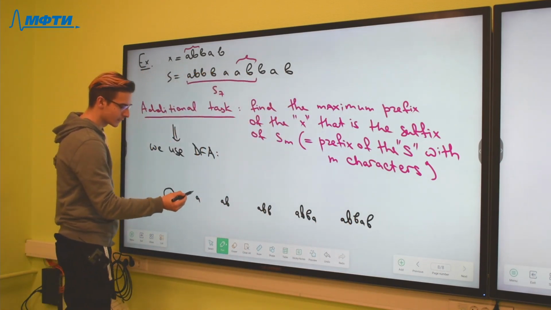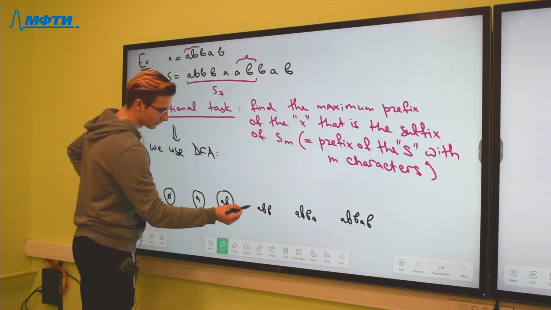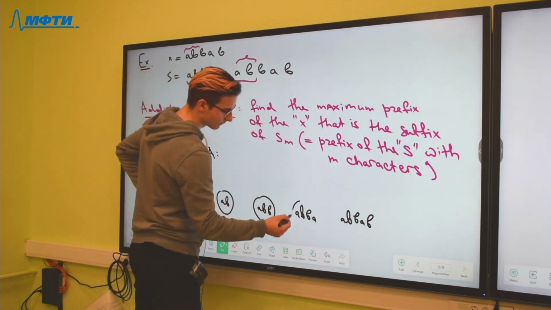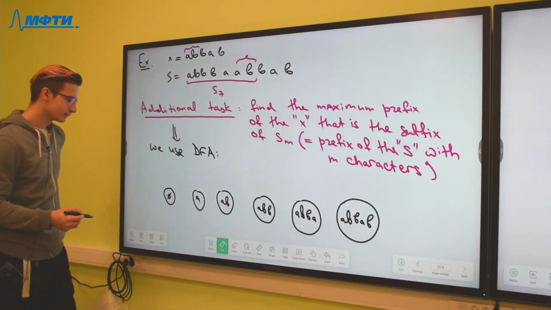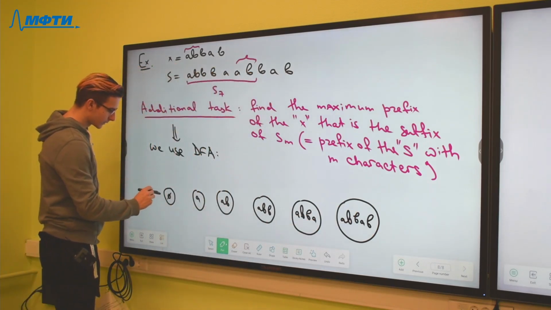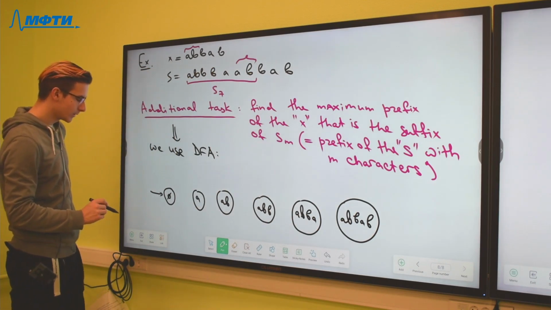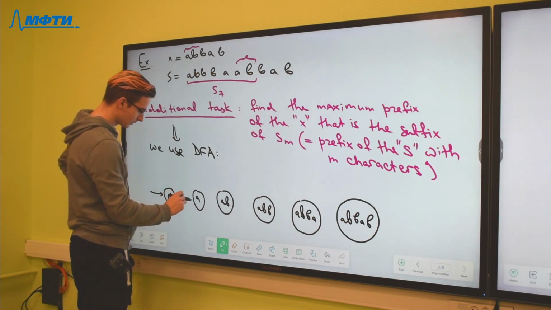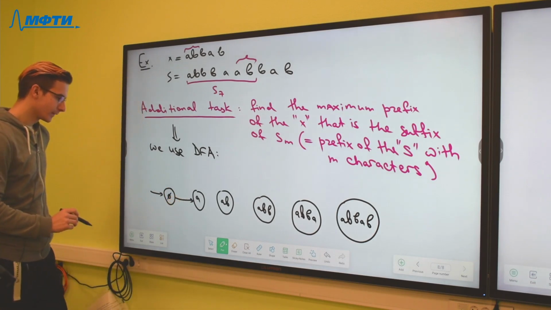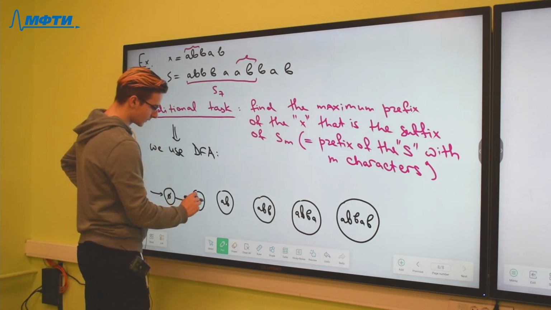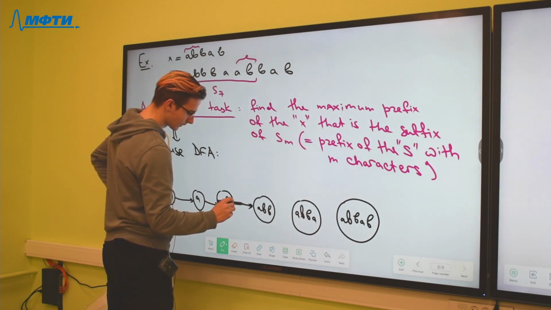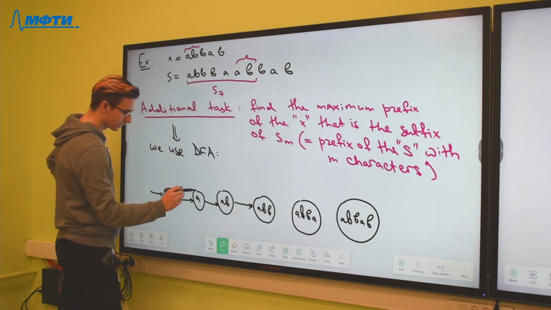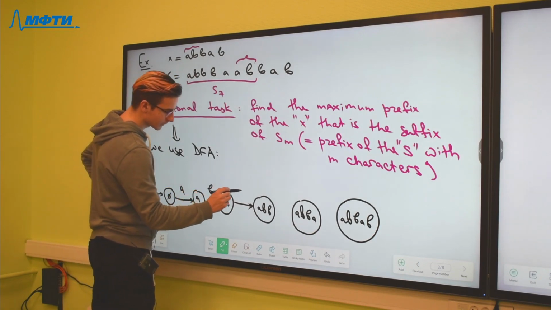And these are the states of the DFA. Of course, the initial state is equal to 0. And we can write these edges in a very understandable way, that they are equal to these characters.